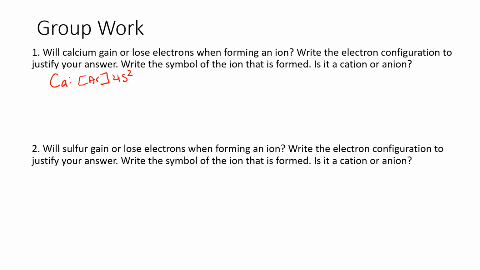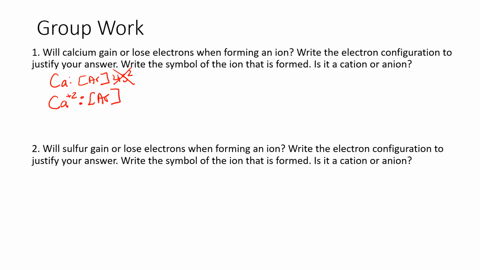To get a full octet, we can either gain 6 electrons to get a full shell, or we can lose 2. It's much easier to lose 2 electrons than to gain 6. So when neutral calcium loses those 2 electrons in its 4s2 orbital, the electron configuration would be just argon.